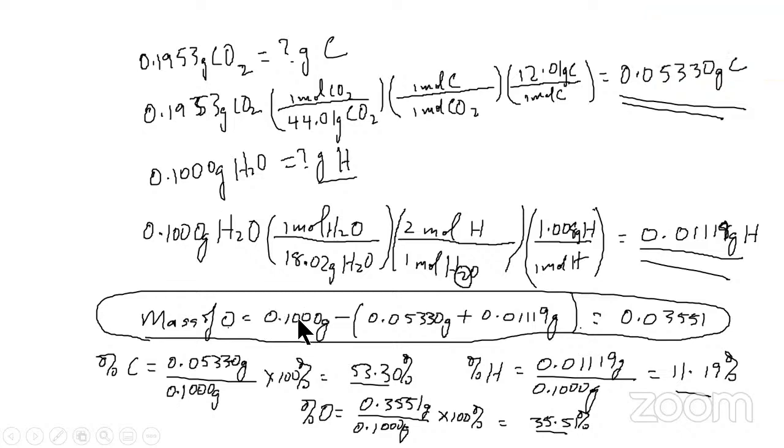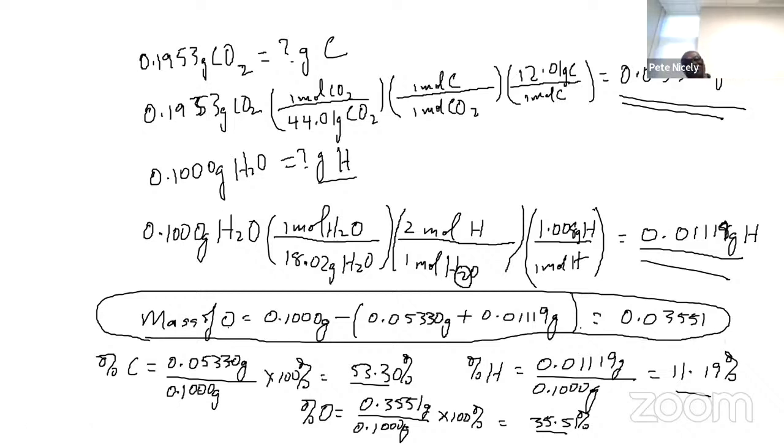The original compound. This here represents the mass of carbon that we calculated in the compound. This here represents the mass of hydrogen that we calculated in the compound, right? So basically, to get the mass of the oxygen, we have to add these two together and subtract it from the original mass of the compound. And that gives us the mass of the oxygen.